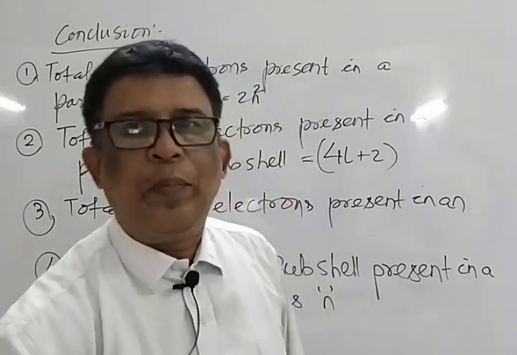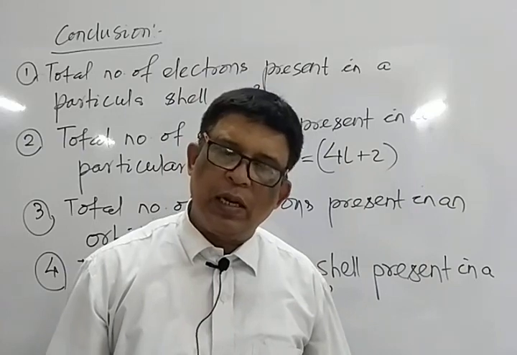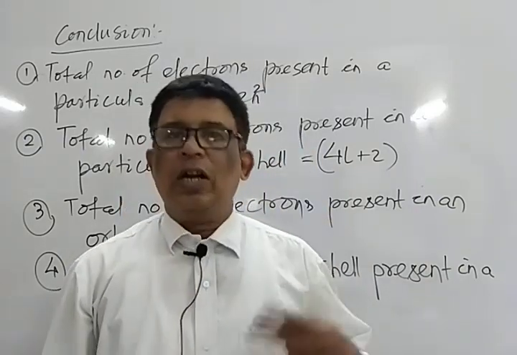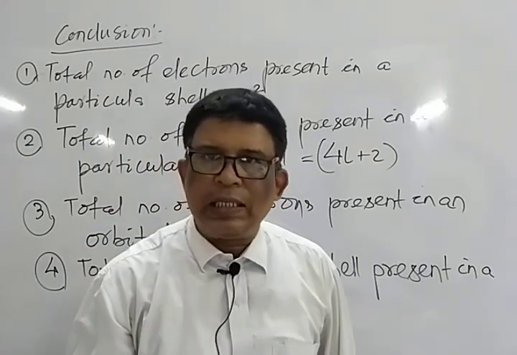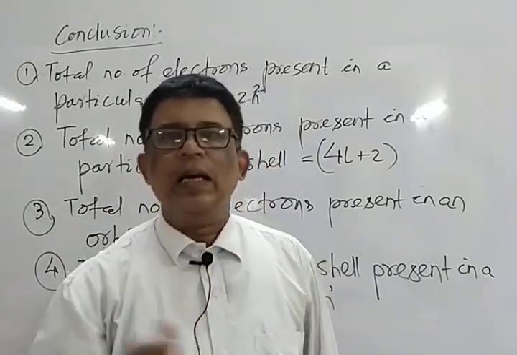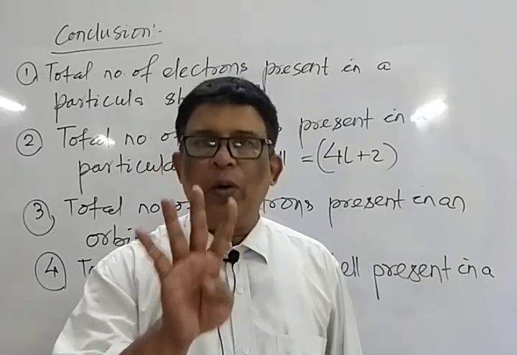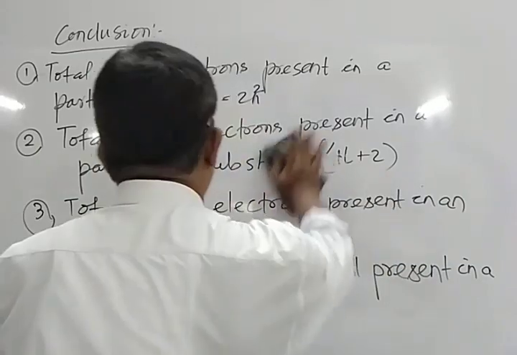That is, in the first cell, the number of subcells is 1, that is the S subcell. For the second cell, the number of subcells is 2, that is S and P. For the third cell, the number of subcells is 3, that is S, P, D. Similarly, for the fourth cell, 4: S, P, D and F.